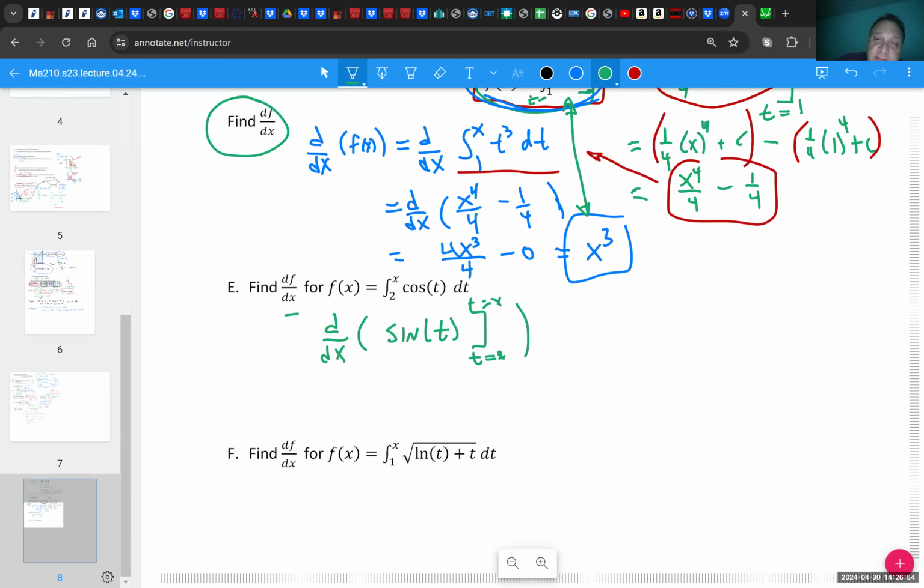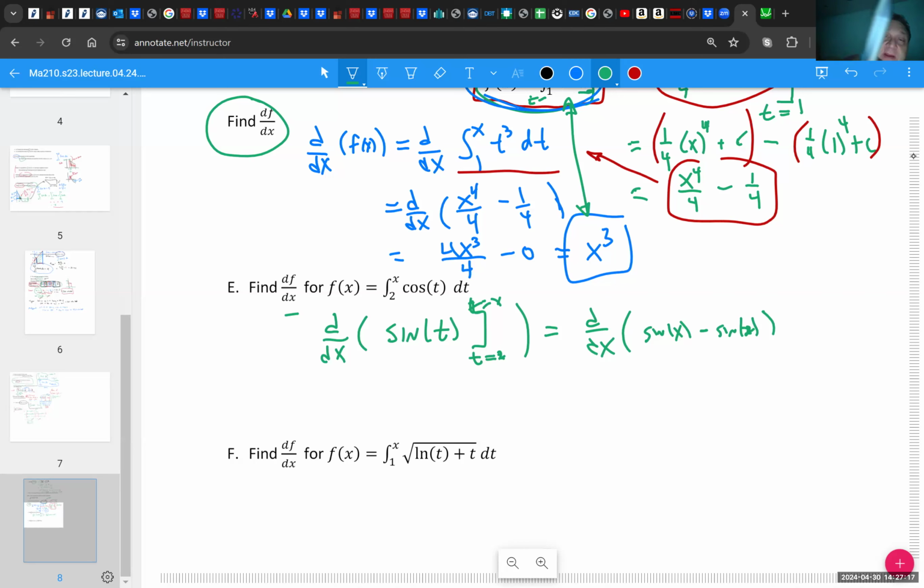And you're going to notice how things cancel out once again. So what do we got here? We got the derivative of, I got to plug in some numbers. I can plug in x, so that's sine x, and I got to plug in 2, that's sine 2, and I got to subtract them. Right, so that's the fundamental theorem of calculus. Plug in the two endpoints, and I subtract.